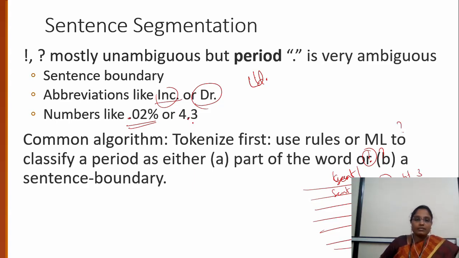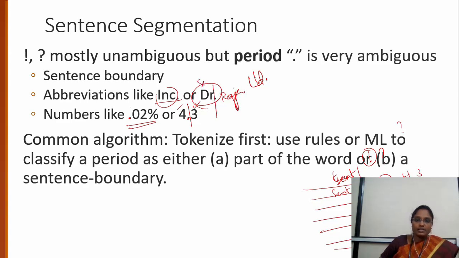Now, if we use only the dot as the sentence segmenter, what happens? This will be a single sentence, this will be another sentence, and this will be a different sentence. If you have Dr. Raja, then what happens?